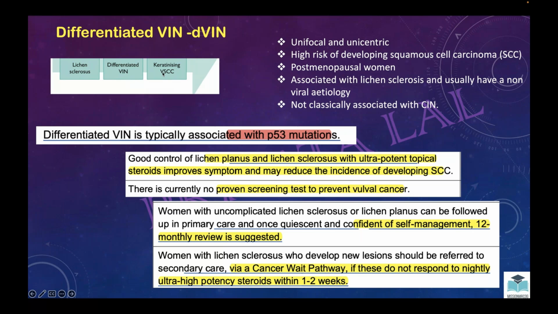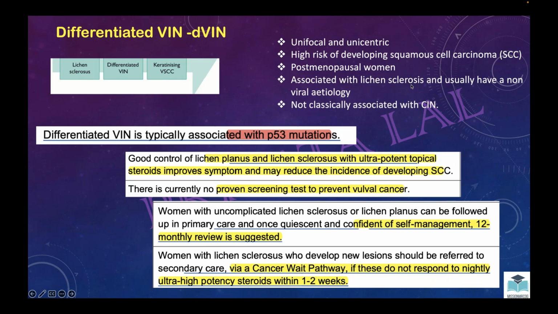Usually, as we are saying, it is a defined lesion. So usually they would be unifocal or unicentric. So usually one or two lesions are there. It is a completely defined condition. Usually it occurs in postmenopausal women associated with lichen sclerosus. It is a non-viral pathology.